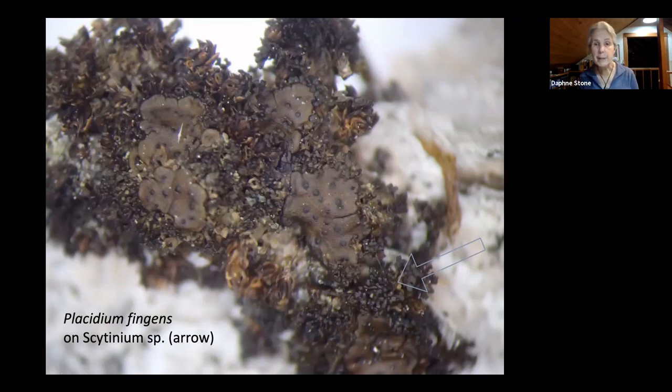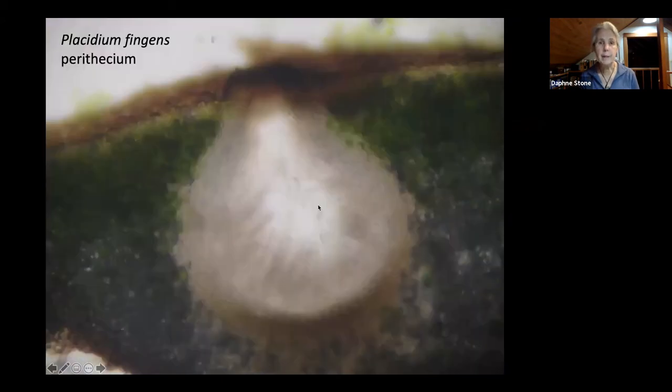You'll notice that this has black dots on it, and these are perithecia. They're like apothecia buried inside of the thallus. And here they are. The apothecium has just folded up into an urn-shaped thing, and the spores are produced in asci here and released through a little hole out.